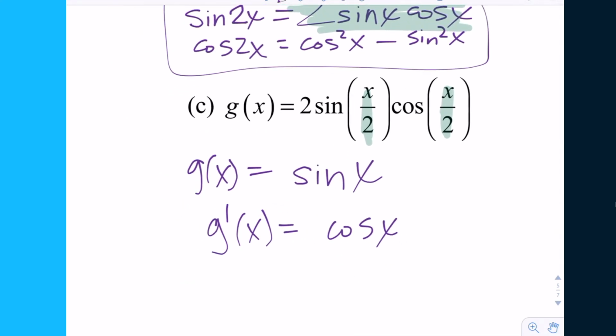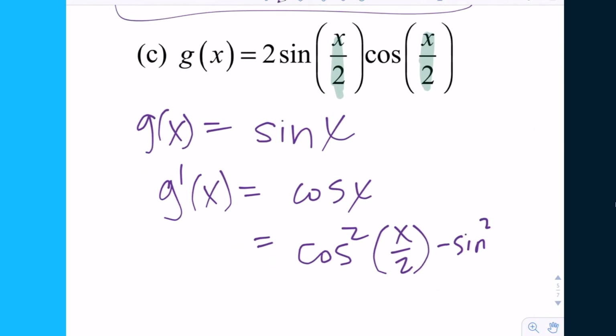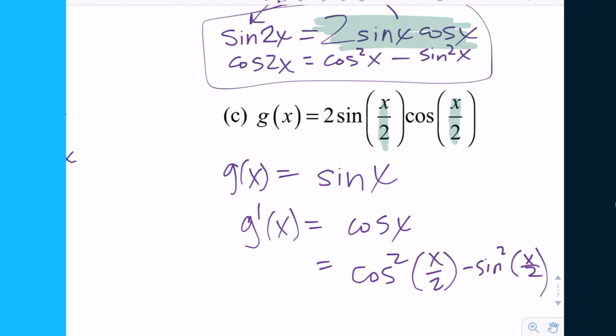Which if we want to put him back in half angle happy land, that would be cosine squared of x halves minus sine squared of x halves. Would that work? Sure. You just agreeing with me? Or you validated it?